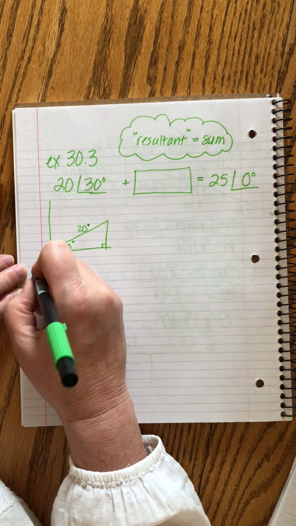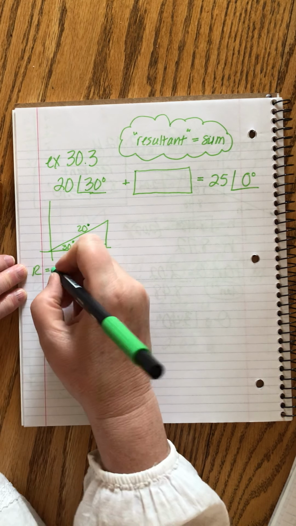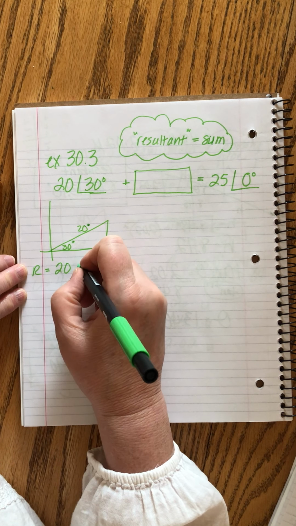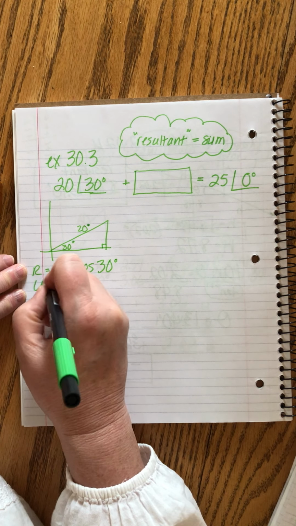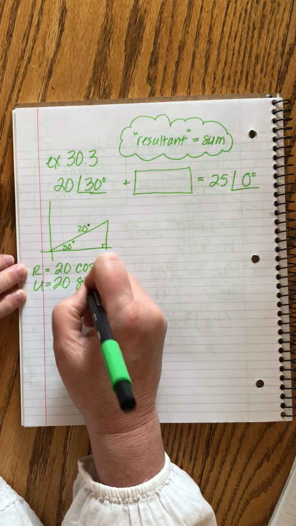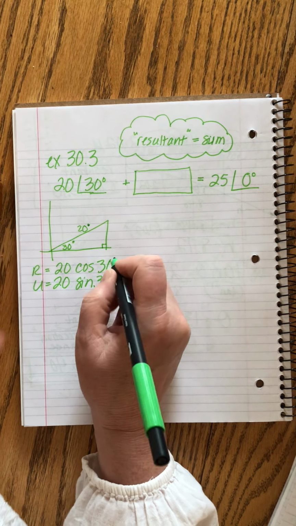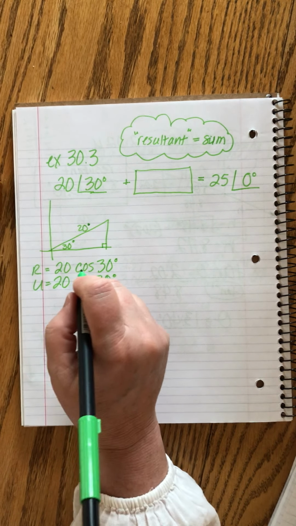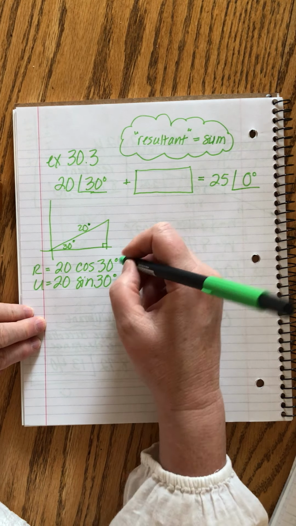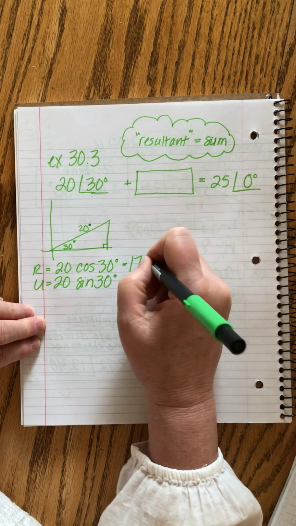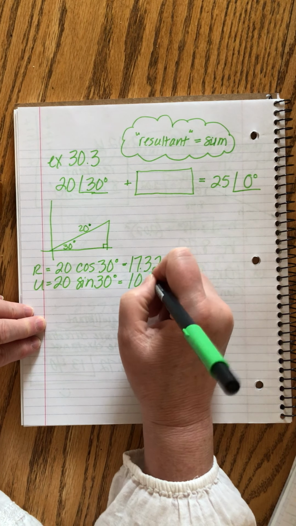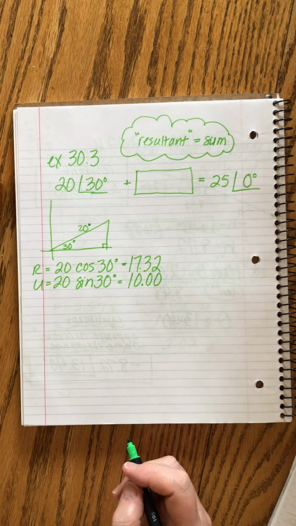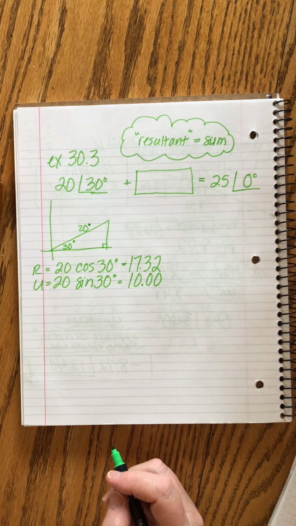So the right will be equal to 20 times the cosine of 30 degrees, and the up will be equal to 20 times the sine of 30 degrees. Grab your calculator, run the numbers through. Here's what I get. Okay? Yay! So far, so good.